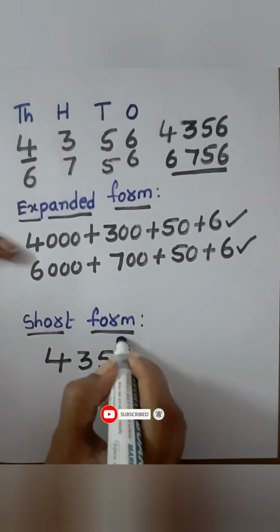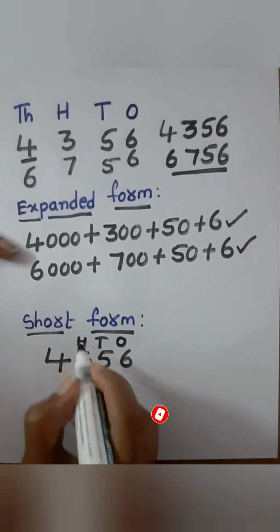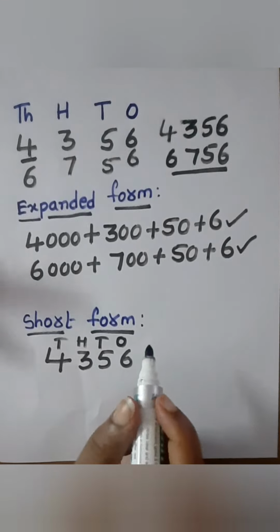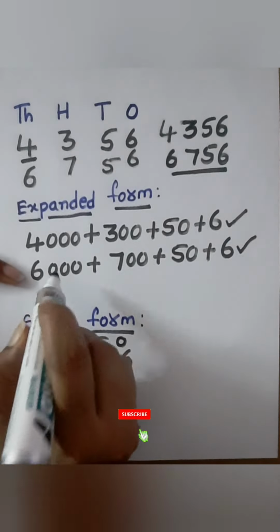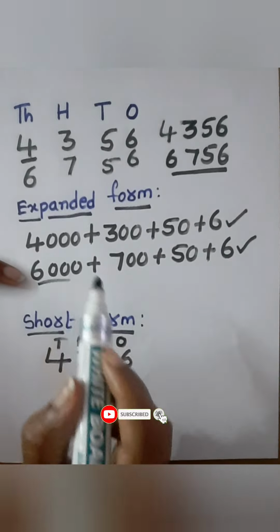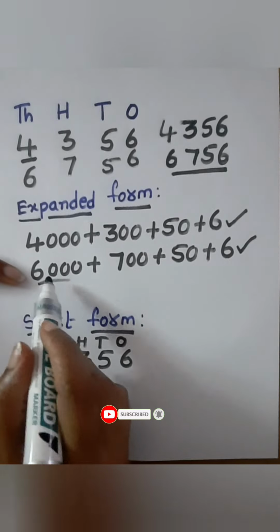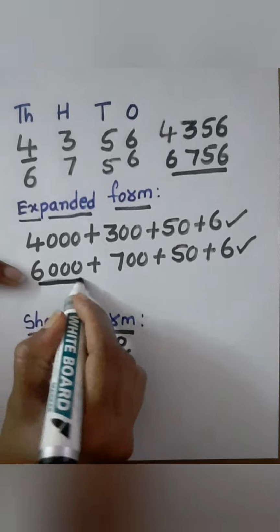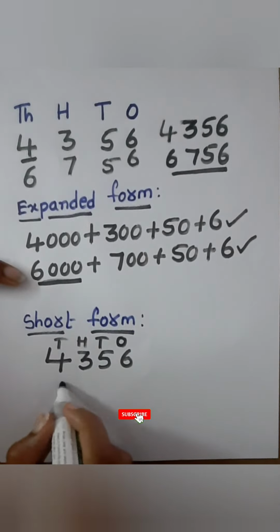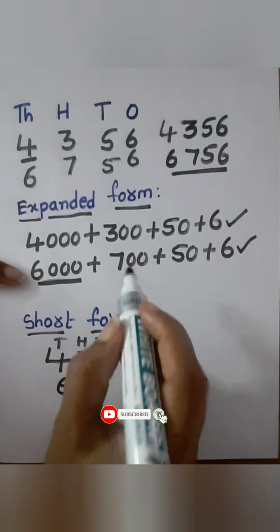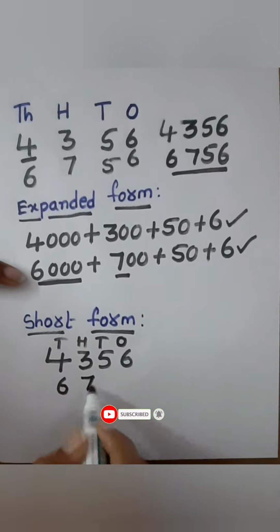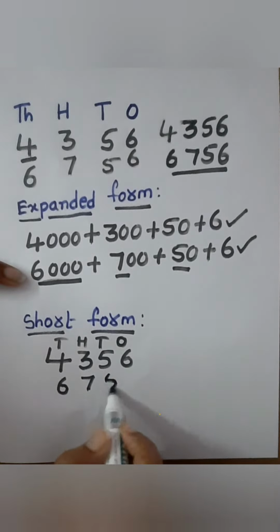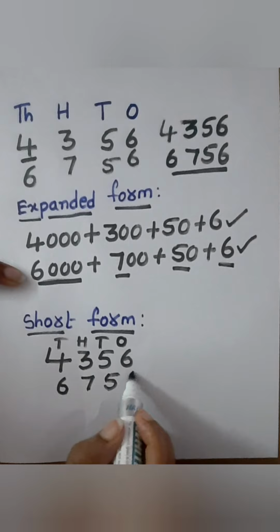That means ones, tens, hundreds, thousands. Let us take this example, 6,000. Here 6,000 means it is in the thousands place. So we can write 6 in the thousands place, 7 in the hundreds place, 5 in the tens place, and 6 in the ones place.